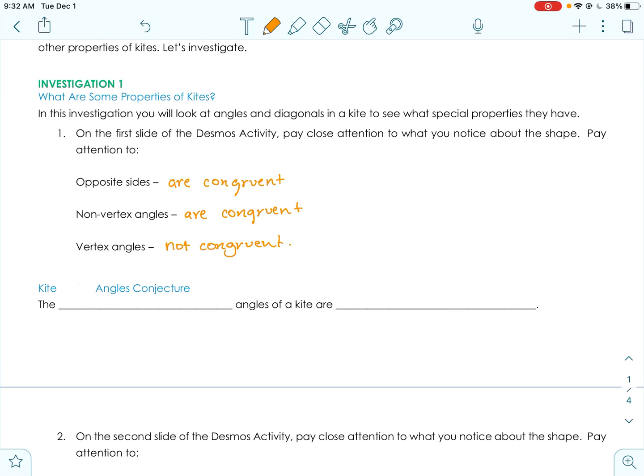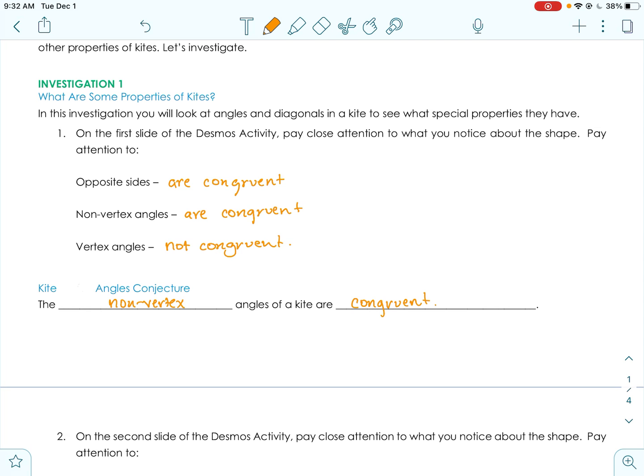So the only conjecture that we could make is that the non-vertex angles of a kite are congruent. So that's our first conjecture.